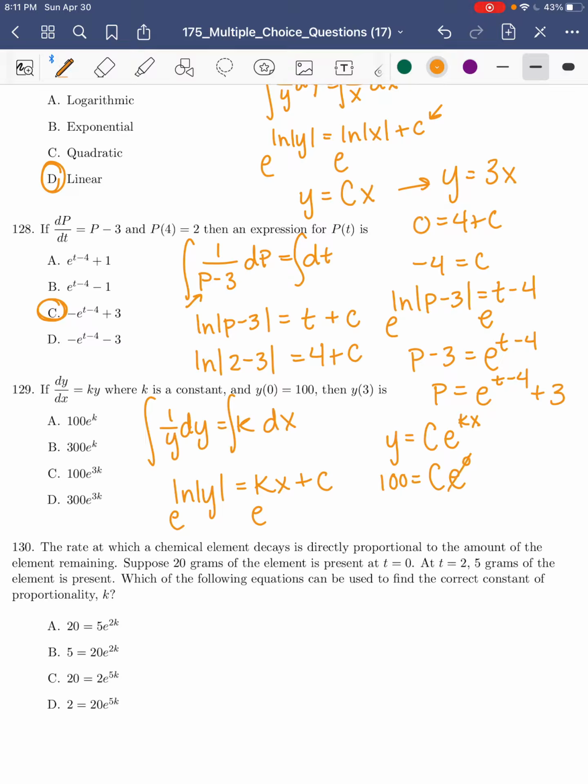So I know c equals 100, so I get y equals 100 e to the power of kx. So if they ask us what y of 3 is, that just means I'm going to replace my x with 3, so y equals 100 e to the power of 3k, which makes our answer C.